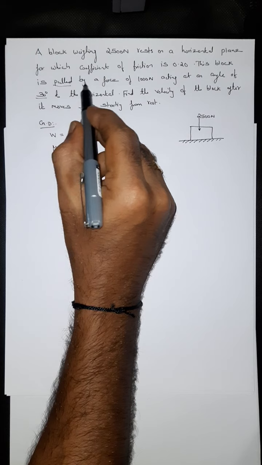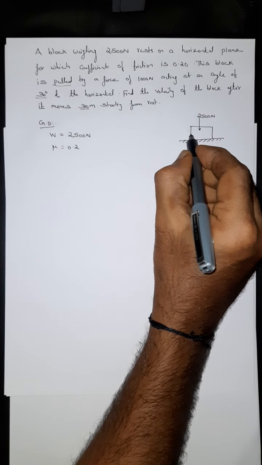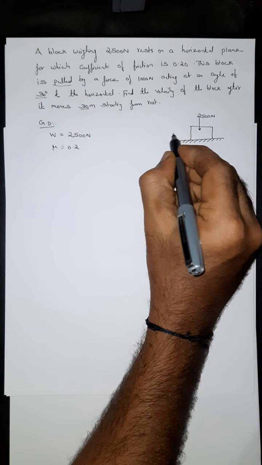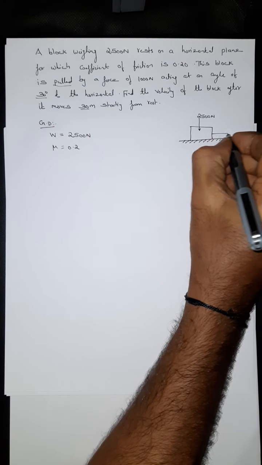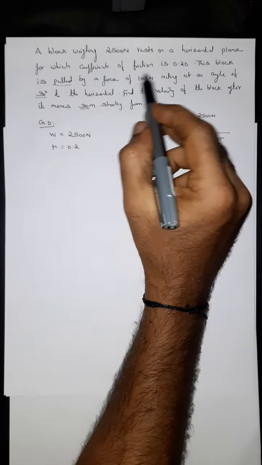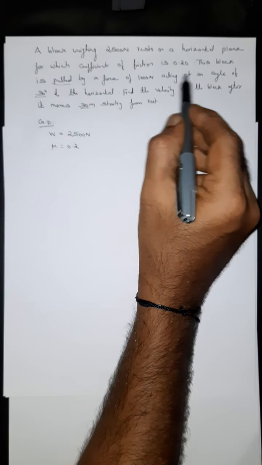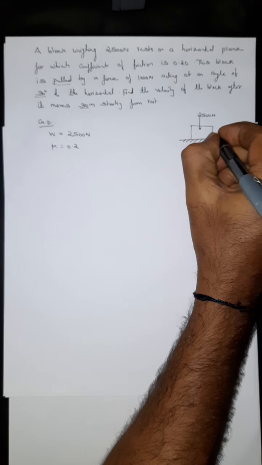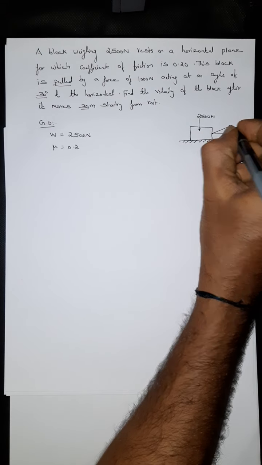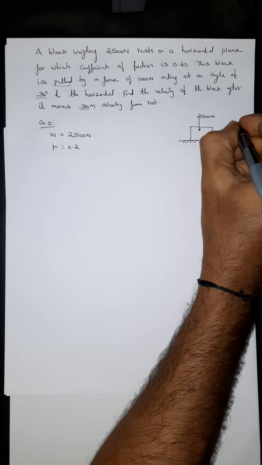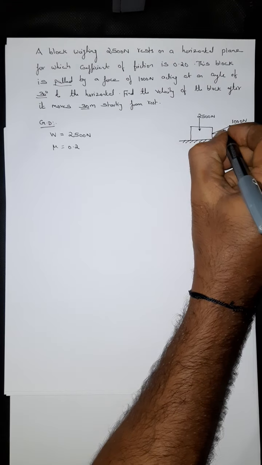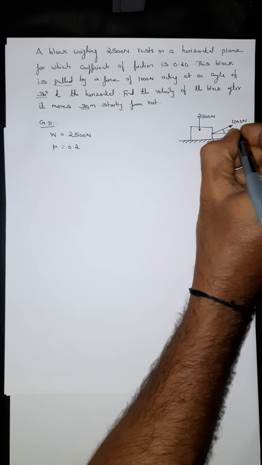This block is pulled by a force of 1000 Newton. If you put the arrow here, this denotes pushing. That means the block is pulled by a force 1000 Newton acting at an angle of 30 degree. So it is pulling, 1000 Newton at an angle of 30 degree.